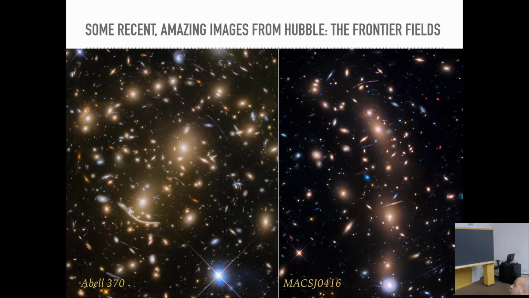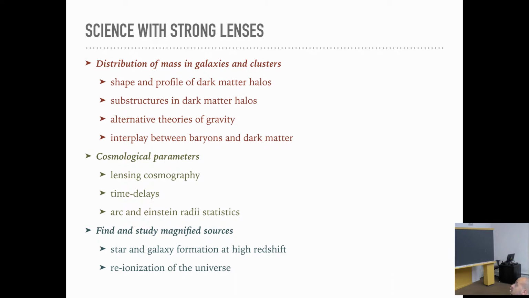All right, so these features that I just very briefly mentioned in describing the slides can be used in a number of scientific applications. They can be used, for example, to probe the mass distribution of galaxies and clusters on small scales, measuring properties of the dark matter halos, like their shape or their density profile, or the content of substructure.